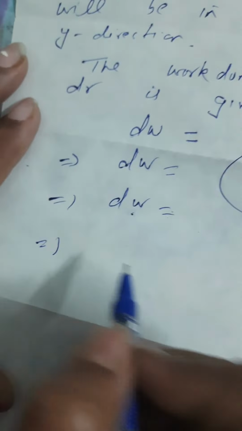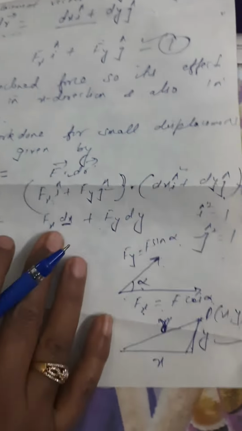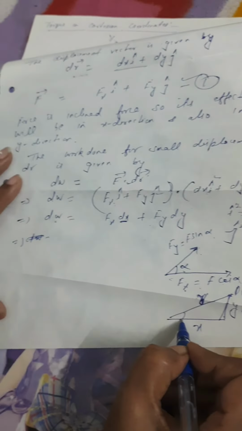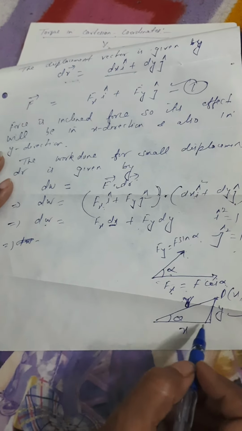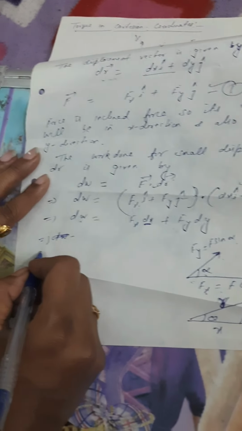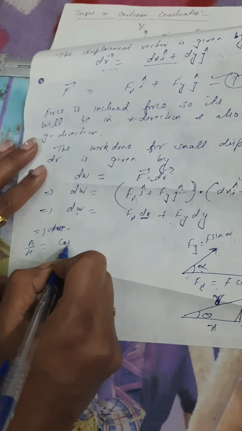Now dx is, first of all we derive these values. From this triangle, this is angle theta. So what will be cos theta? Base upon hypotenuse is equal to cos theta.